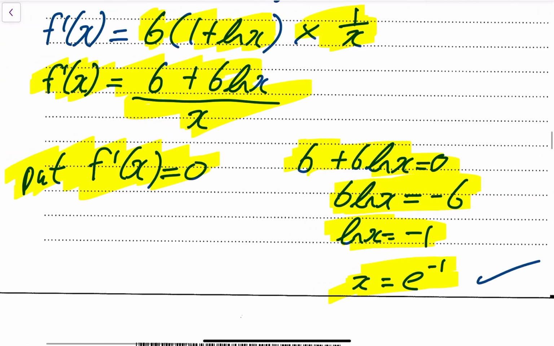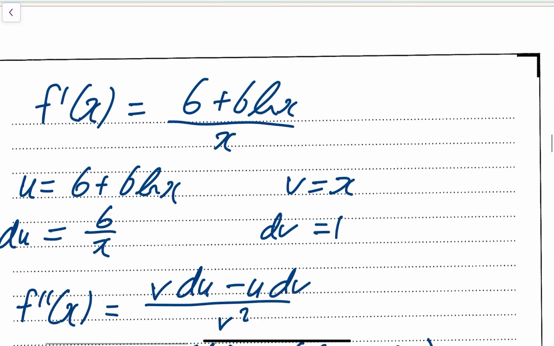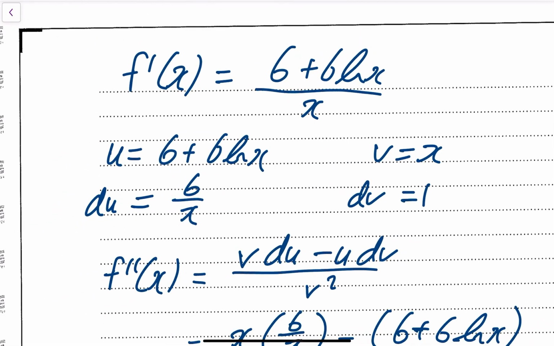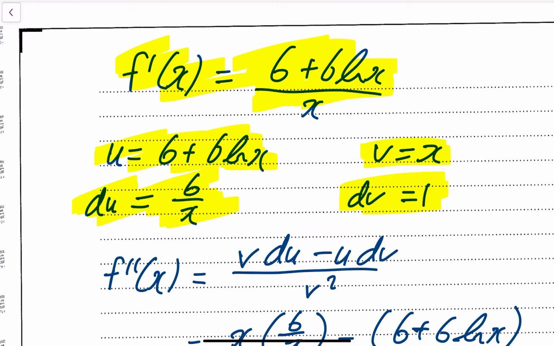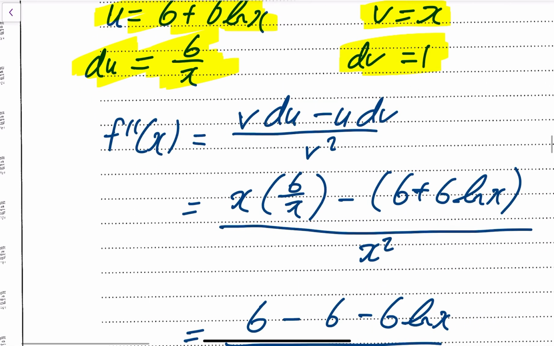So you're going to have to go on and do f double dash of x. So that's your f dash of x is equal to this. Top line is your u. So u is equal to 6 ln x. Your bottom line is your v. Differentiate your u to get du is equal to 6 over x. Differentiate your v to get dv equals 1.